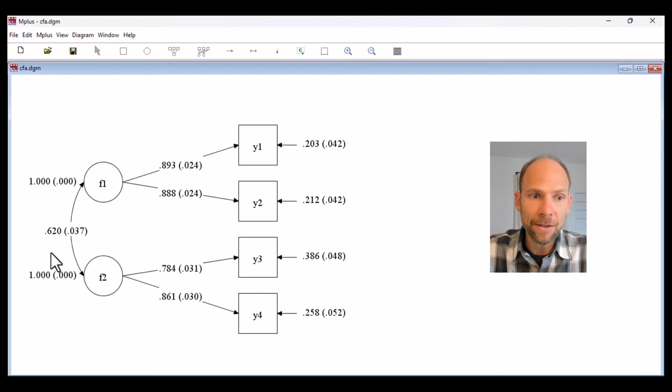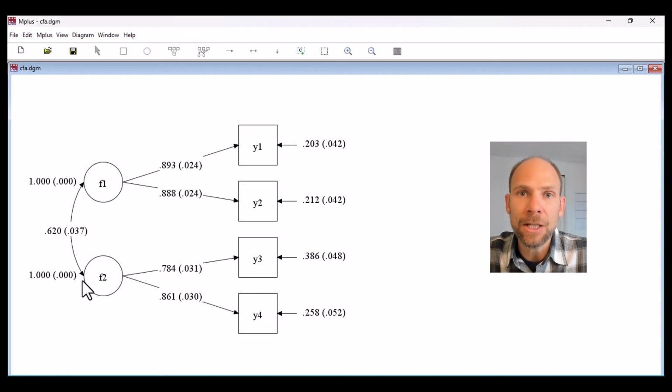So the variances of the latent variables are fixed, and so are the variances of the observed variables. As a result, we can now estimate all factor loadings, because the identification of the factor metrics comes from the standardization. So we no longer have to fix a factor loading, but instead all the factor loadings can be freely estimated with their standard errors shown in parentheses.